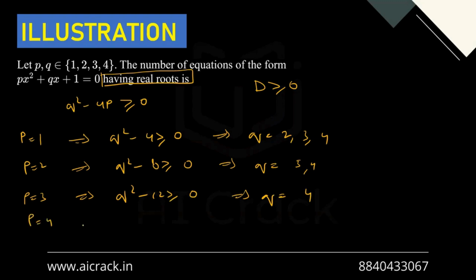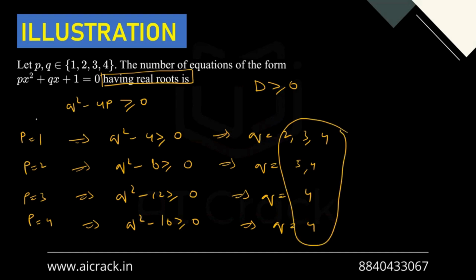Now p = 4, q² − 16 ≥ 0. That means q will again take the value 4, because in case of 4 we have the equality. We don't have to forget the equality part, right? So we have 7 possible pairs of p and q for this particular condition, px² + qx + 1 having real roots.